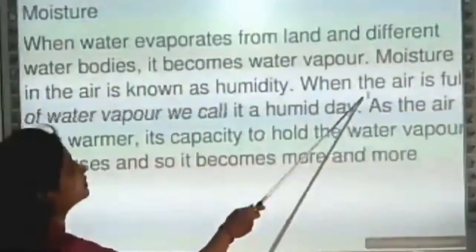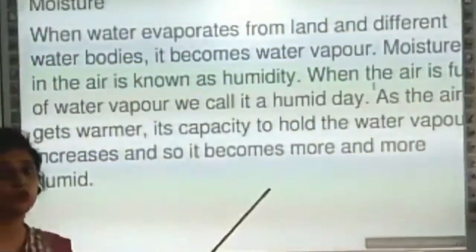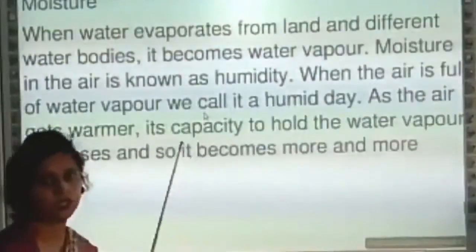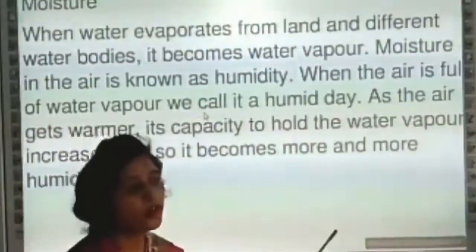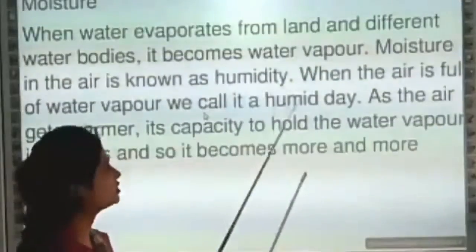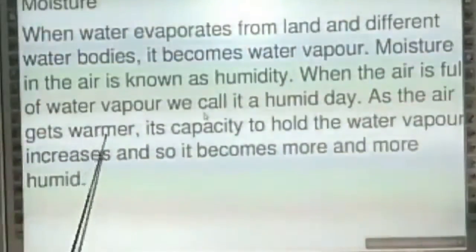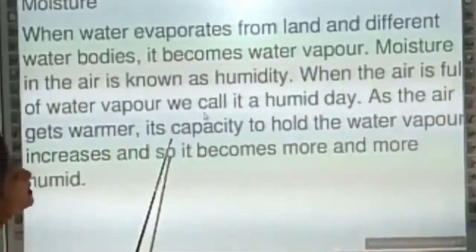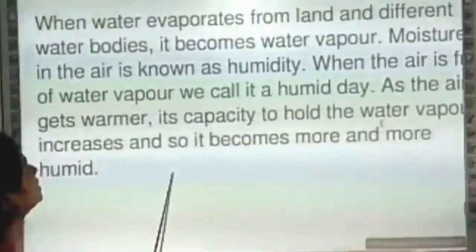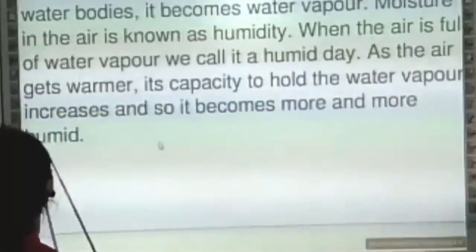When the air is full of water vapor, we call it a humid day. When there is excess water vapor in the air, we consider that day humid. As the air gets warmer, its capacity to hold water vapor increases, so it becomes more and more humid.